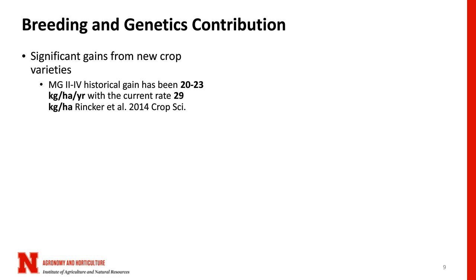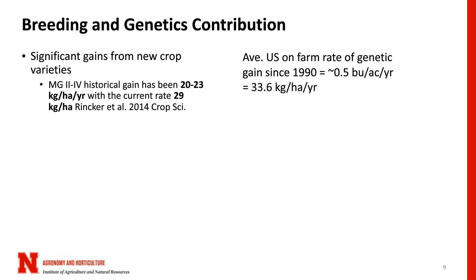And so when you look at that on-farm rate of gain of 33.6, you can see that if you're really wanting to affect real-world crop improvement, breeding and genetics is almost two-thirds of that gain, a significant impact on what farmers are actually seeing as far as improvement in their crops.